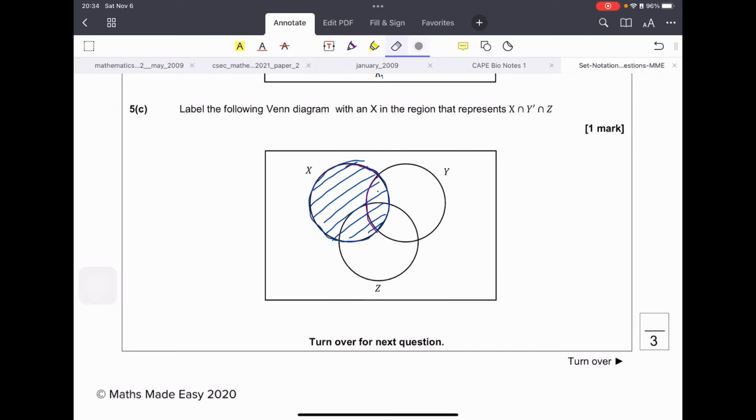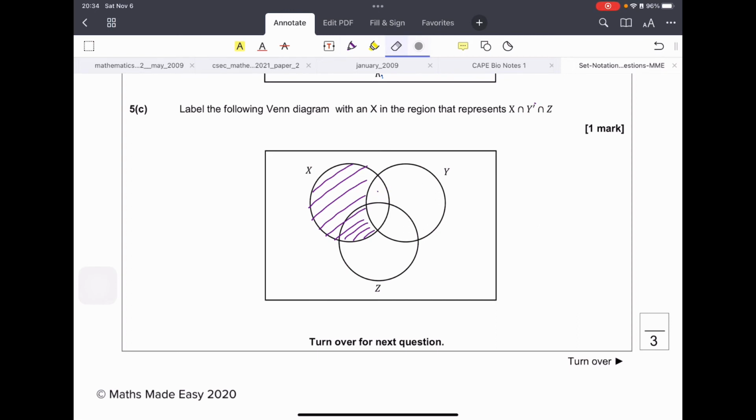Right. So we had shaded everything except for this region that was not in Y, this region here, right? So now our shaded region becomes just about here. Right, so now we left out this portion of X because that also belongs to Y, and Y prime is everything that is not in Y. So we could not include that part.